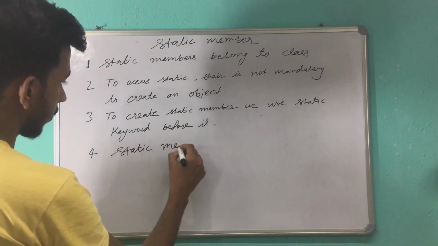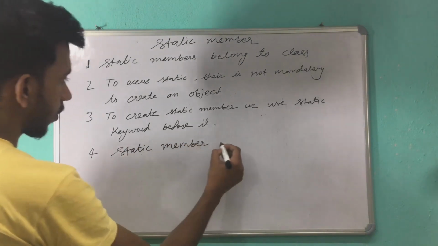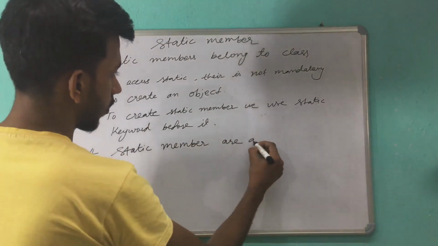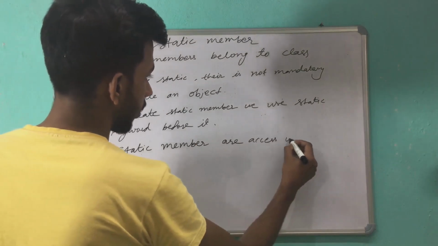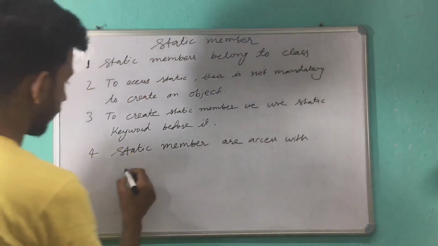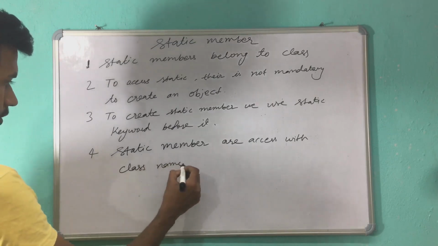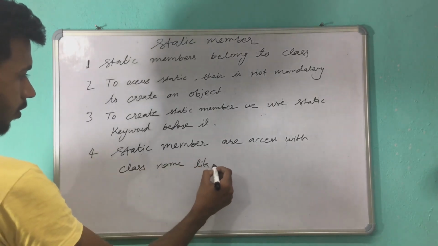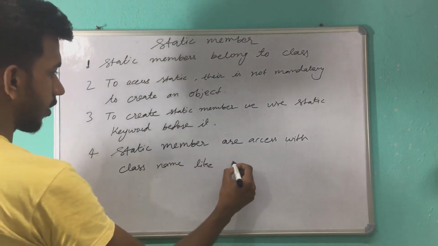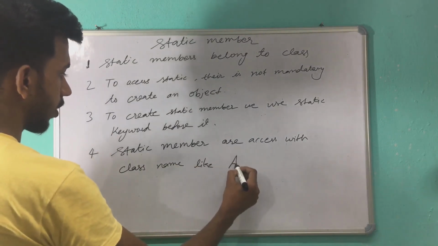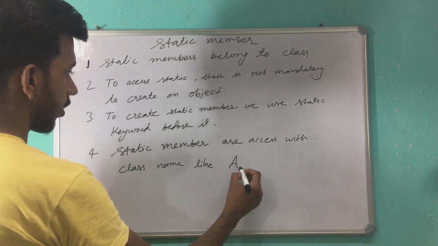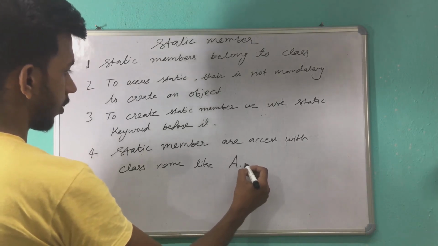Static members are accessed with the class name. Like if the class name is A, then the syntax to access static members is class name dot, then the member's name.